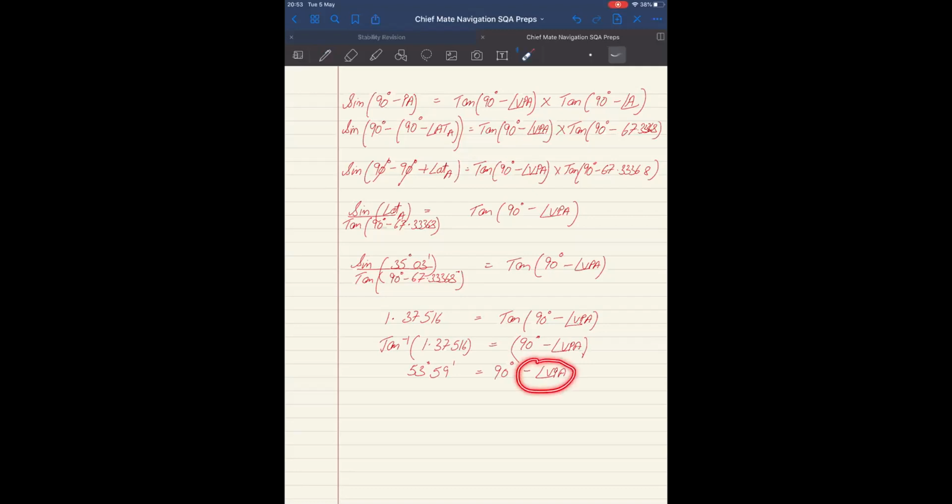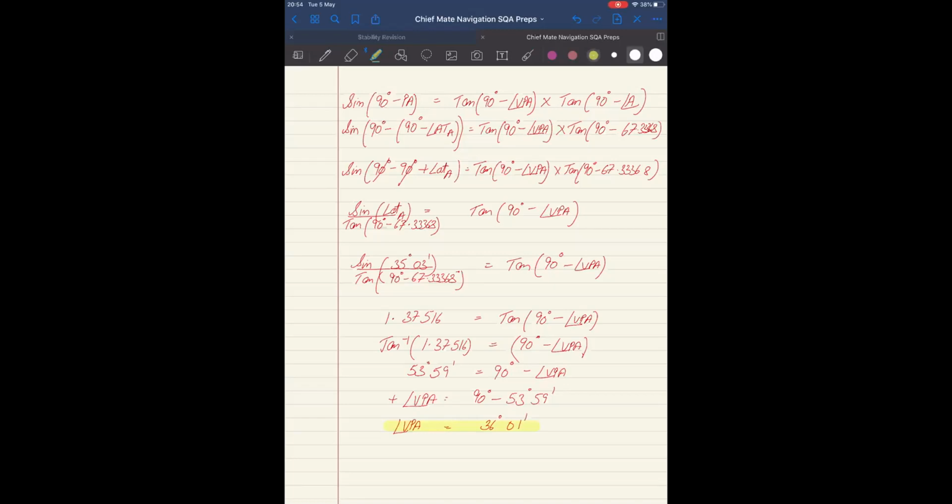This minus VPA goes here and this value will come here. So this will give me positive angle VPA equals 90 degrees minus 53 degrees 59 minutes, which gives the answer 36 degrees 01 minutes of angle VPA. I'll highlight this bit.